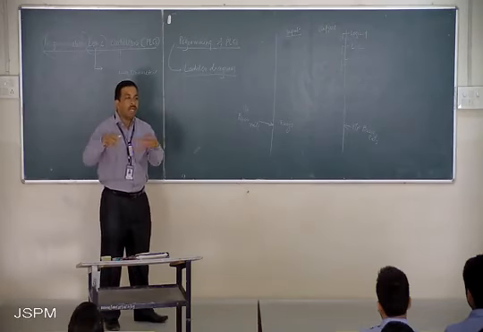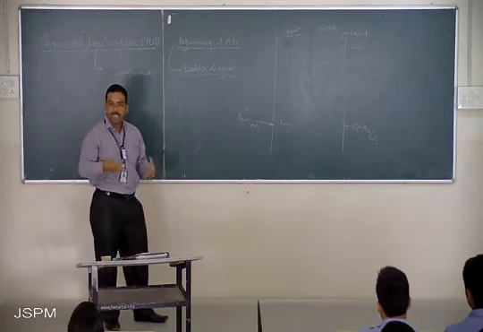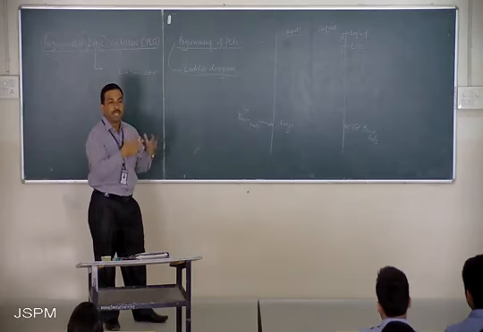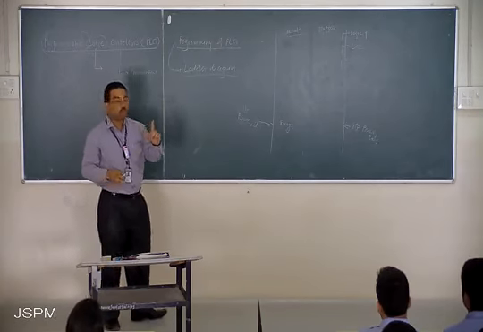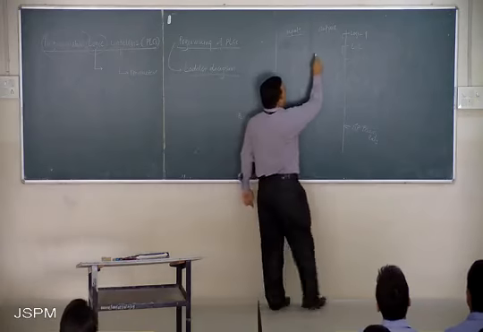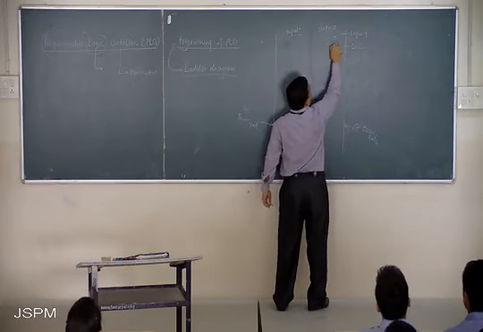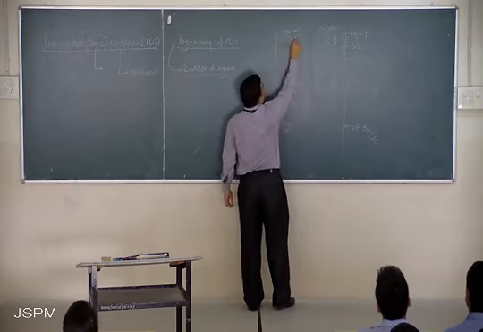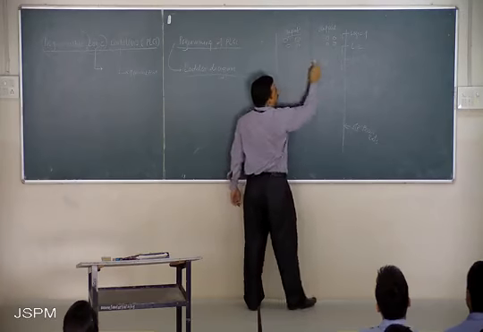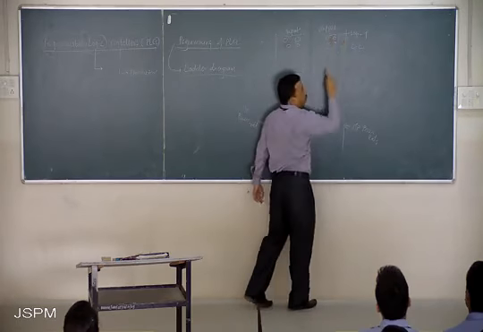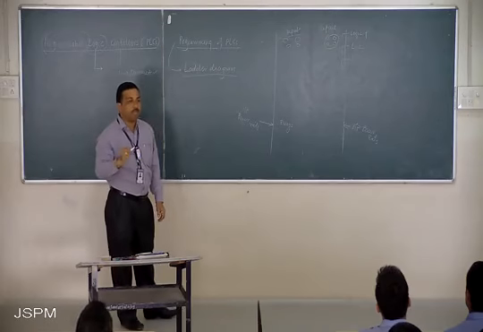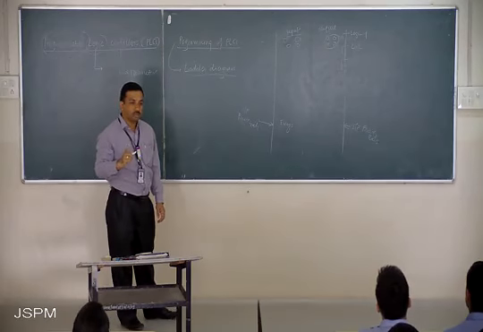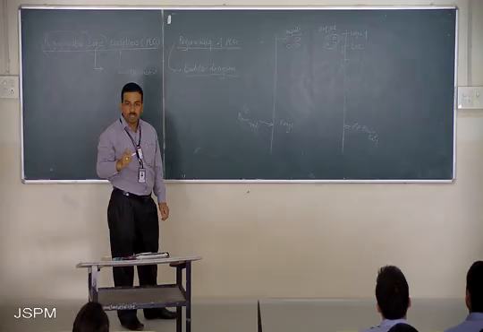You can have a number of inputs which will simultaneously give input to the PLC, but all that will result in a single output. So you will never find that so many outputs are connected in this region. There may be so many inputs present in this region, but here the output is going to be only one. This is a very important piece of information. Are you clear, everybody? Okay.